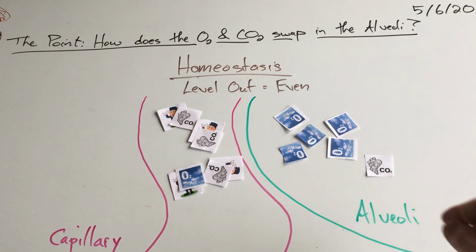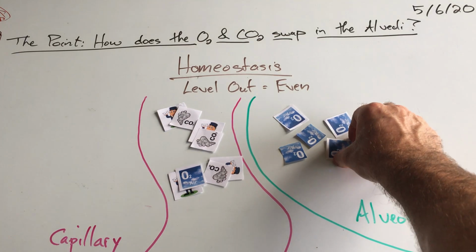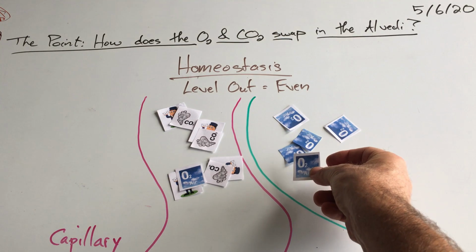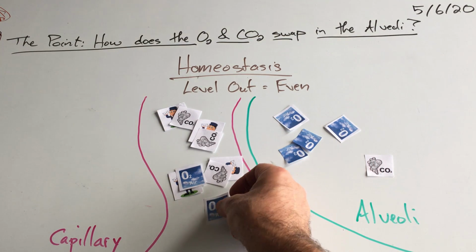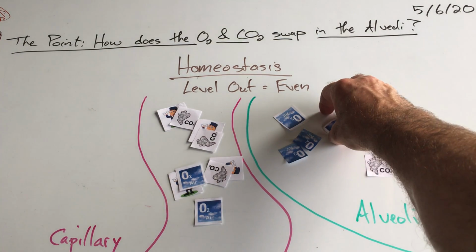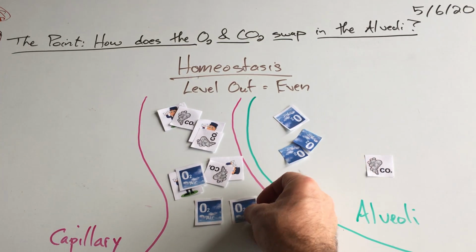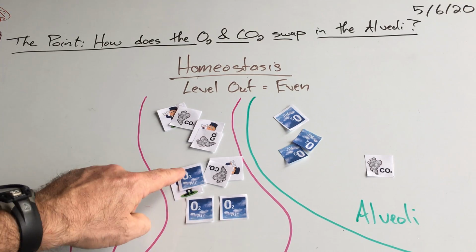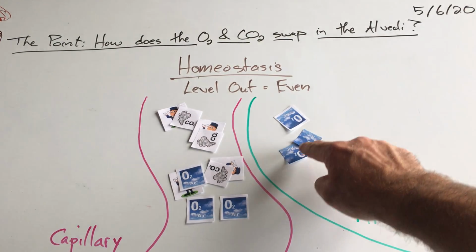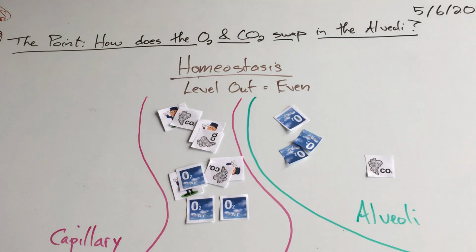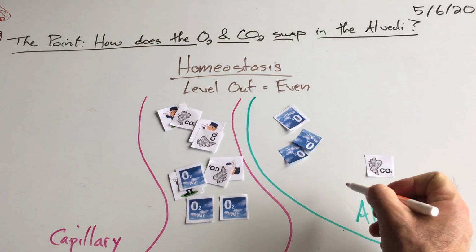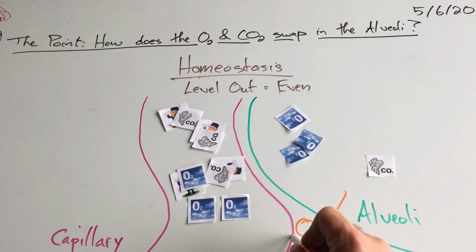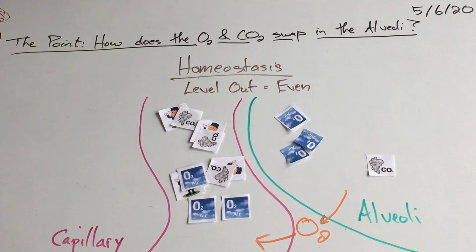So what's going to happen is, what if we pull some oxygen from the air into the blood? Now what I see is 3 oxygen and 3 oxygen. So what happened there? What happened is oxygen left the air and went into the blood.